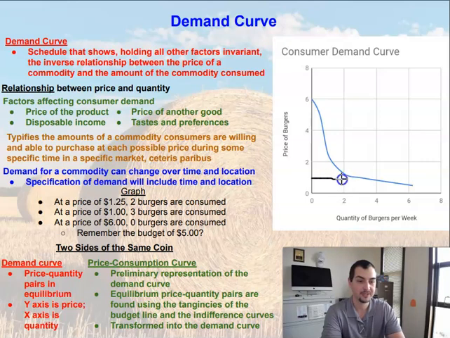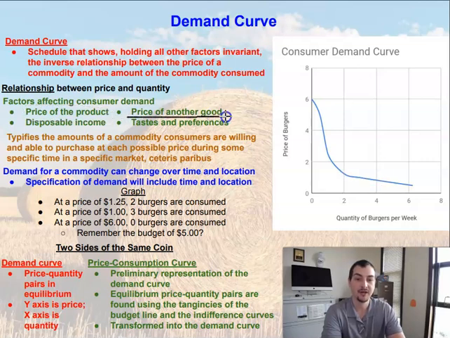But if the price is at $1, we're going to be consuming right around 3 hamburgers right there. Then, if the price increases to $1.25, we were consuming 2 hamburgers. So we know that the price of the product is going to have an effect on this because we are seeing that as the own price changes, the quantity being consumed is changing.